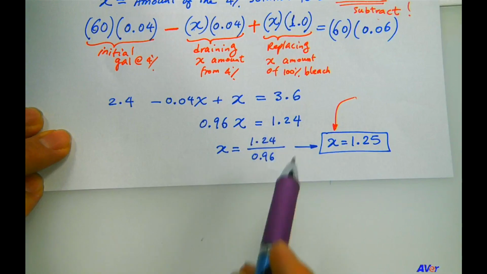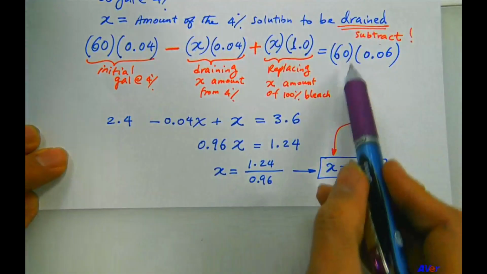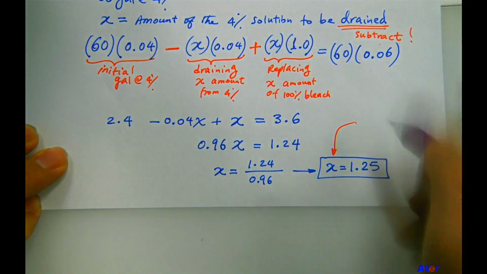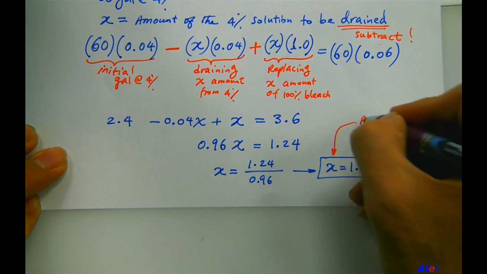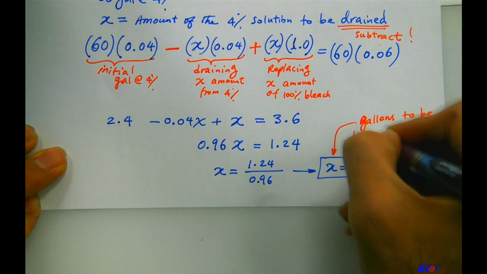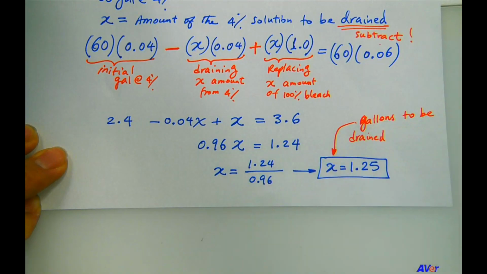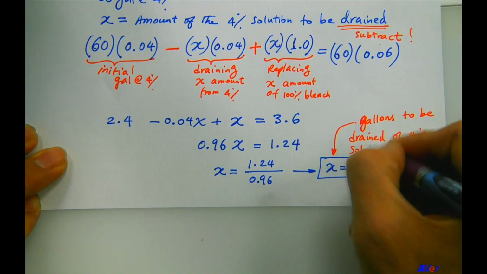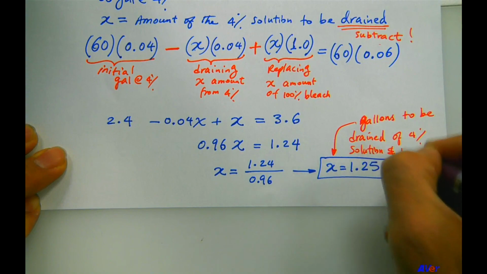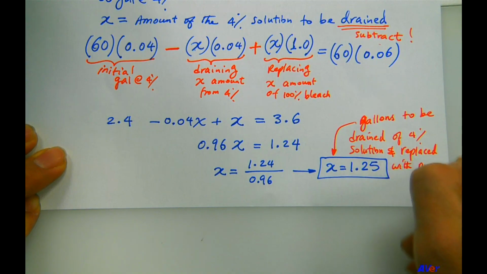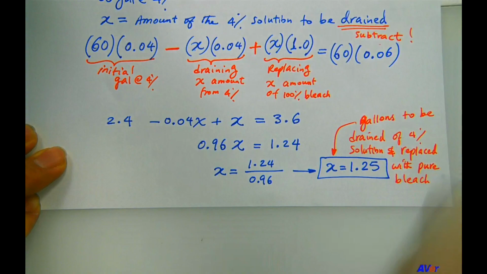This was in gallons, so we need 1.25 gallons to be drained of 4% solution and replaced with pure bleach.